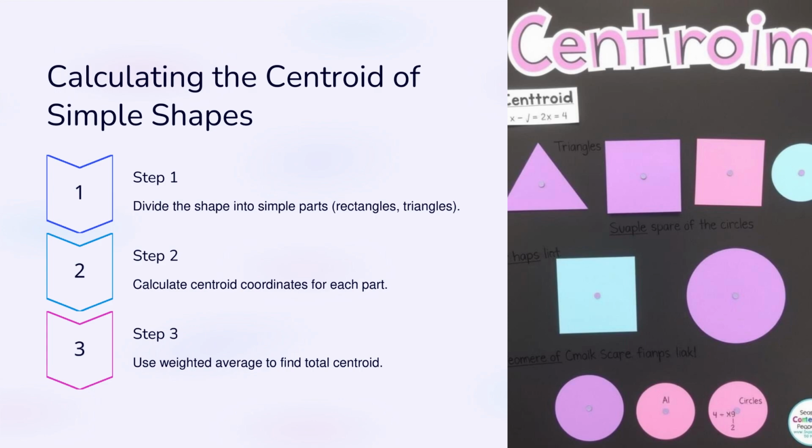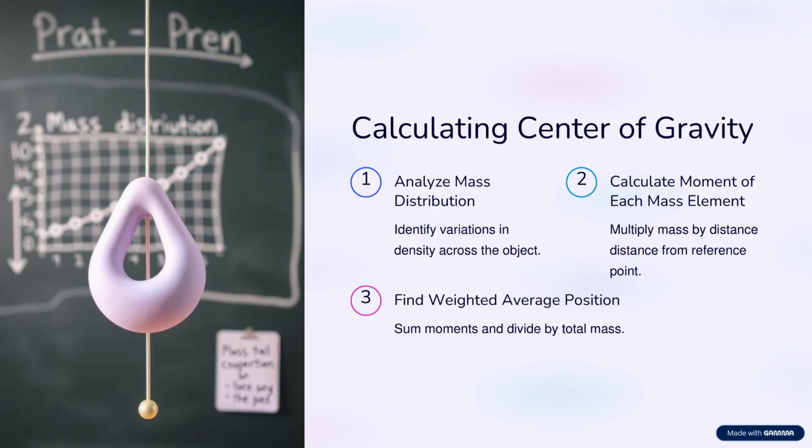Now let's see the calculation of center of gravity. For calculating the center of gravity, first we have to analyze mass distribution, in which we identify variations in density across the object. In the second step, we calculate the moment of each mass element, in which we multiply mass by distance from a reference point.